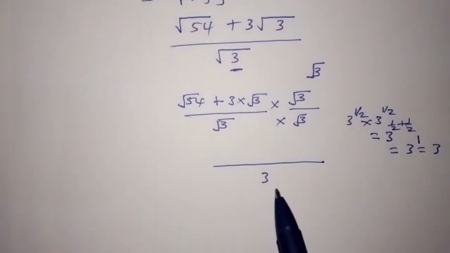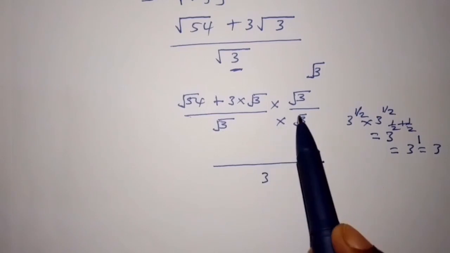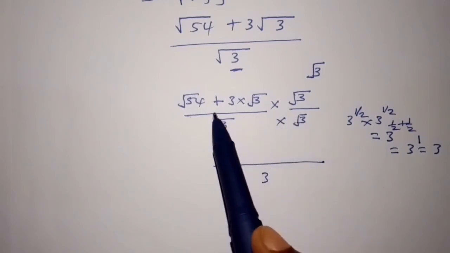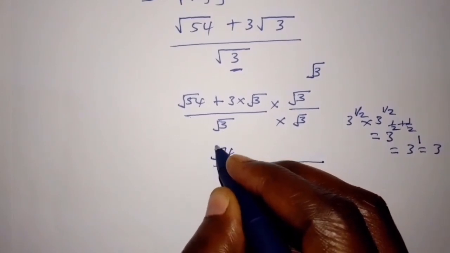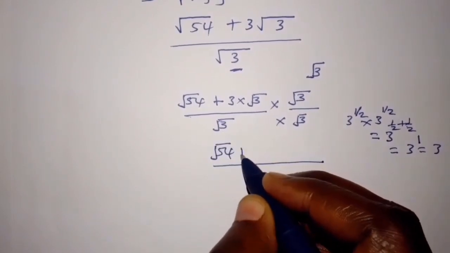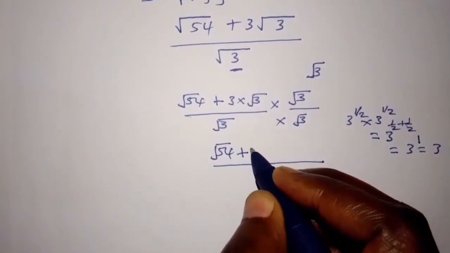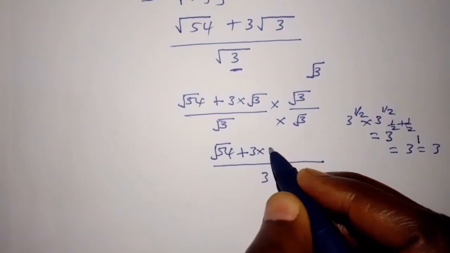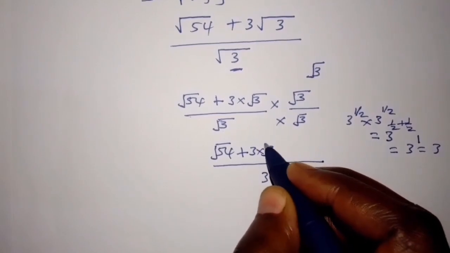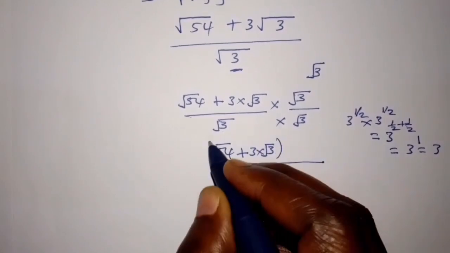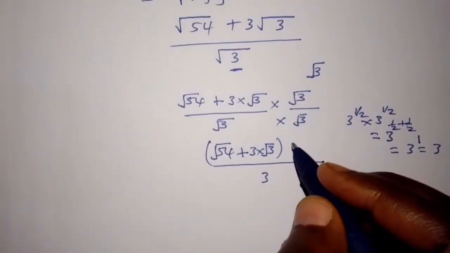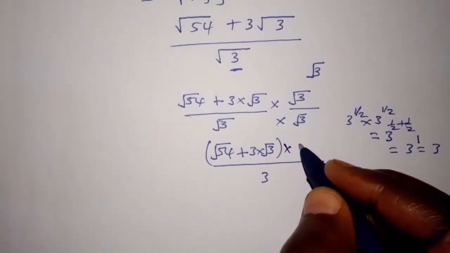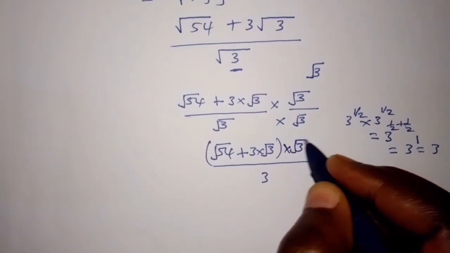So our denominator will be 3. So now we have square root of 54 plus 3 times square root of 3 in our numerator, multiplied by square root of 3.